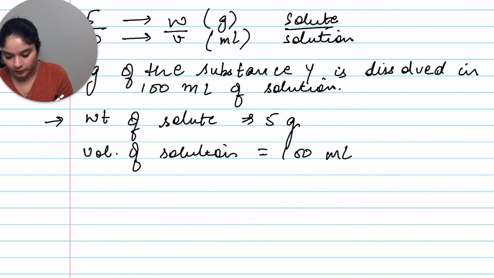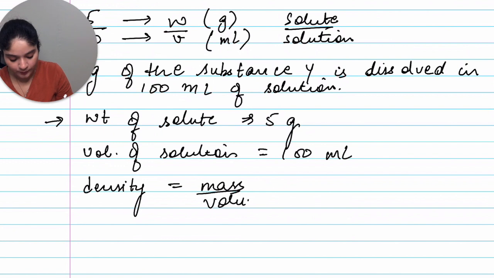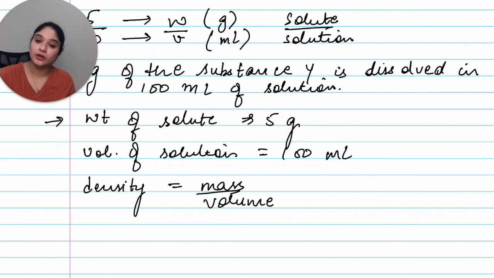So we'll talk about the density. Density is mass by volume. One thing for you to remember is that whenever you are in such a situation that you have the weight and the volume, they will definitely give you density. Now density can be given of different things.